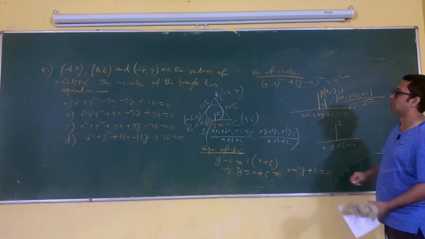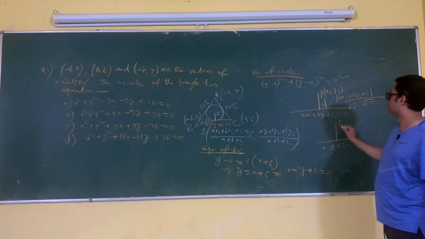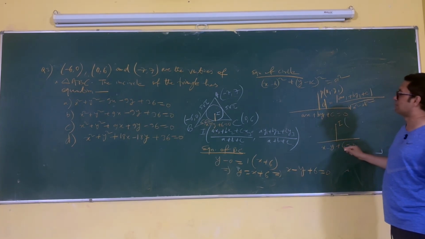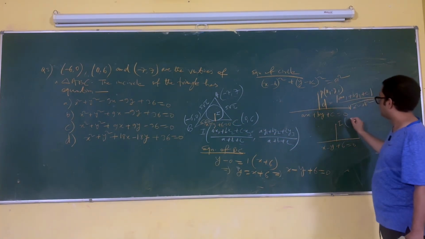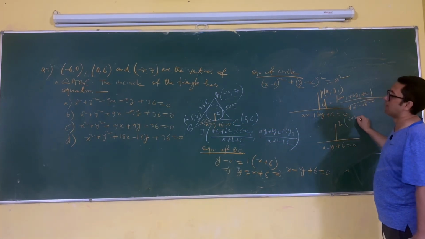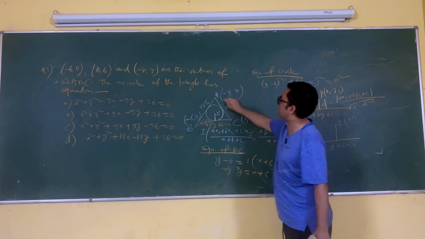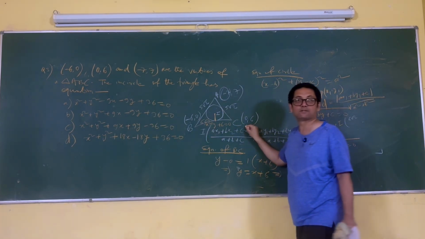But before that, we have to get the in center. So in center means a x1 plus b x2 plus c x3 over a plus b plus c. So a is how much? It's 6 root 2. So 6 root 2, and x1 you can consider this one, this is x2 and this is x3.